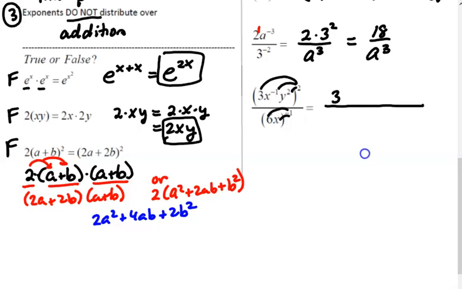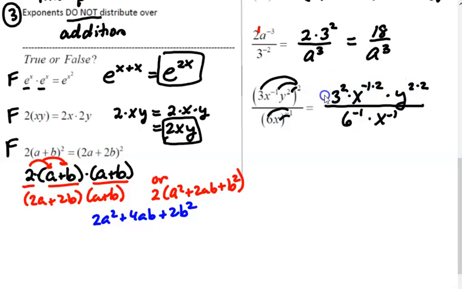So I have 3 squared times x to the negative 1 times 2 times y to the 2 times 2 over 6 to the negative 1 times x to the negative 1. Now, I just wrote this extra step so you would remember that when you raise a power to a power, you're multiplying their exponents, because this would be the same as saying 3x to the negative 1 y squared times 3x to the negative 1 y squared.